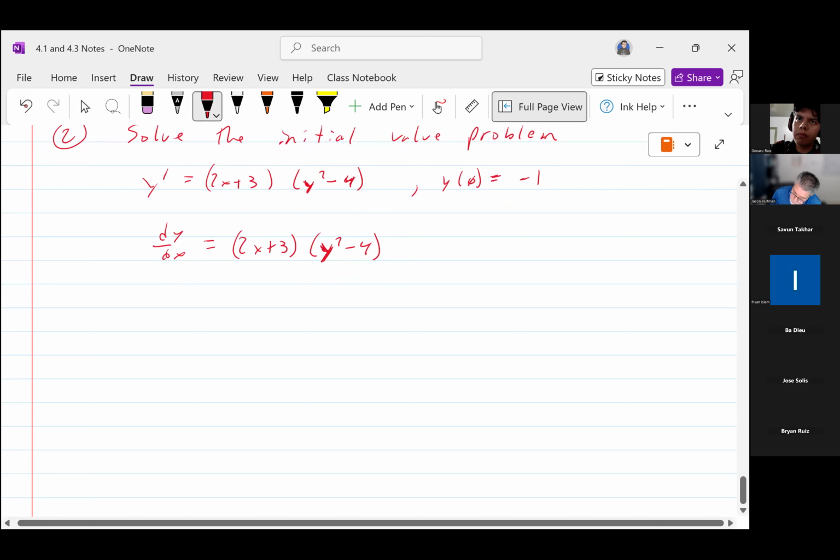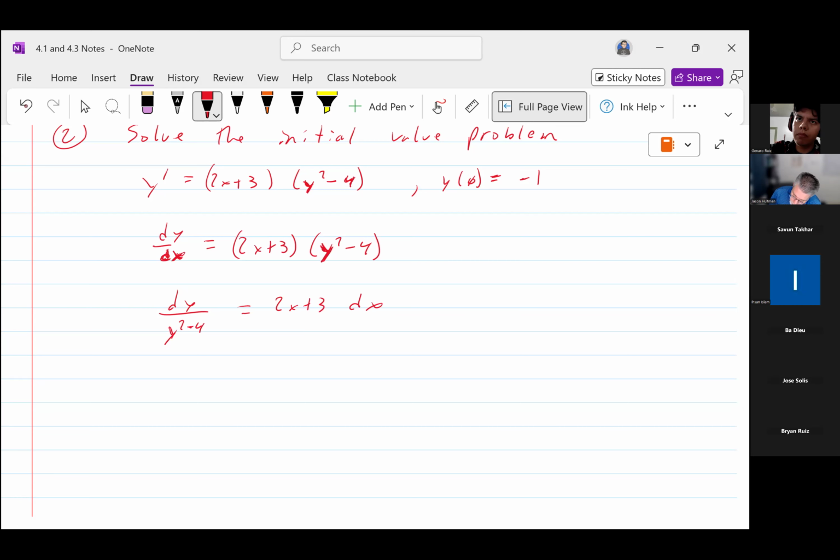Okay, so let's look at this guy here. So let's split this up. Let's separate it. So dy over y squared minus 4 is equal to 2x plus 3 times dx. Okay, let's integrate both sides.